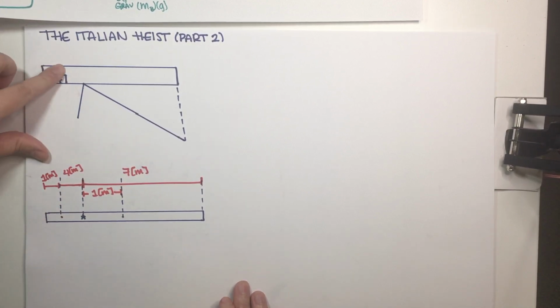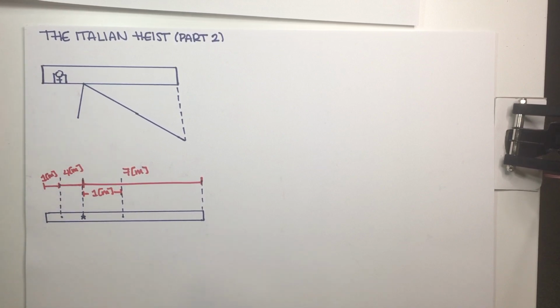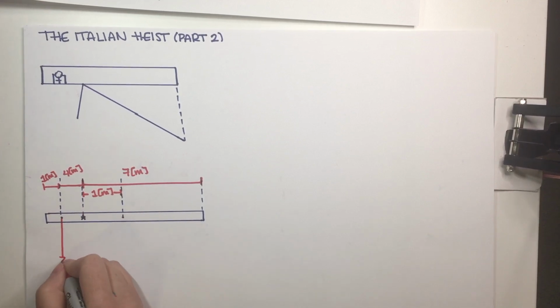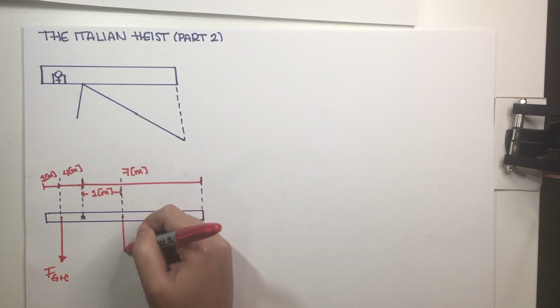Now, the boy moves, so Charlie moves, so that is basically going to change our entire thing. And we basically need to figure out a tension force. So for this part of the problem, we have a force going down over here, which is the force of gold plus Charlie. We do have some force by gravity over here.